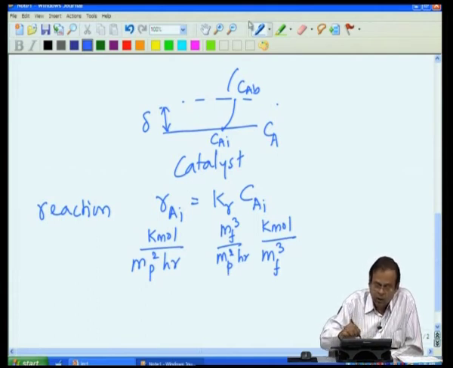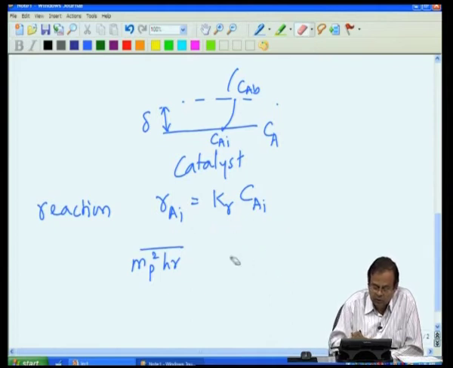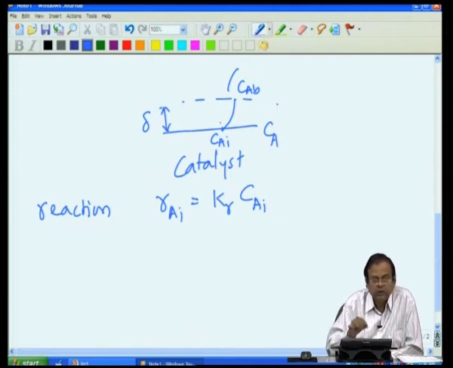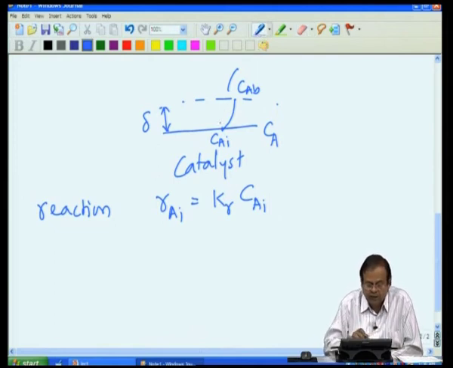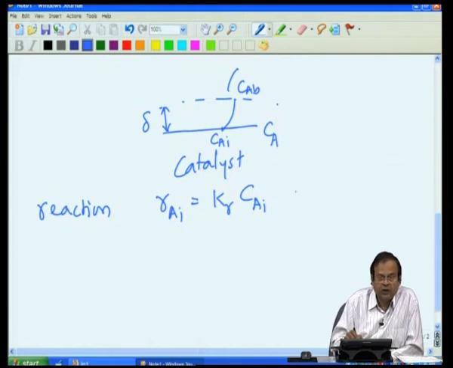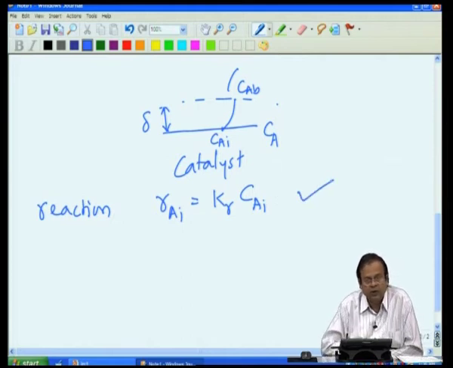Okay. Now, let us see what happens to the mass in this boundary layer. This is the rate at which reaction is taking place, but there is also a rate at which material, or A, is coming to the surface, and that is because of diffusion, external diffusion as we call it.